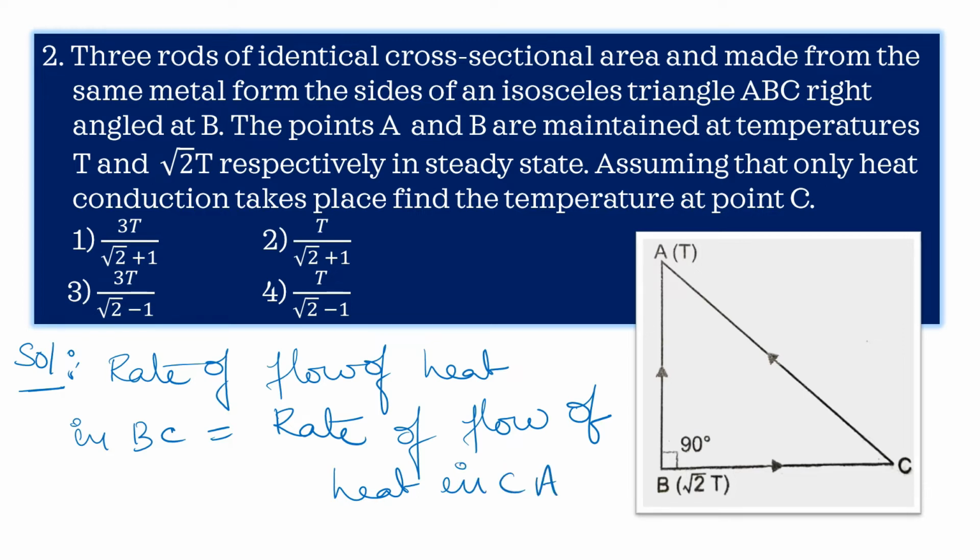Consider this length L and this also L. Here the hypotenuse becomes root 2 into L. This is the rate of flow of heat in CA and this is the rate of flow of heat in BC. So HBC is equal to HCA.